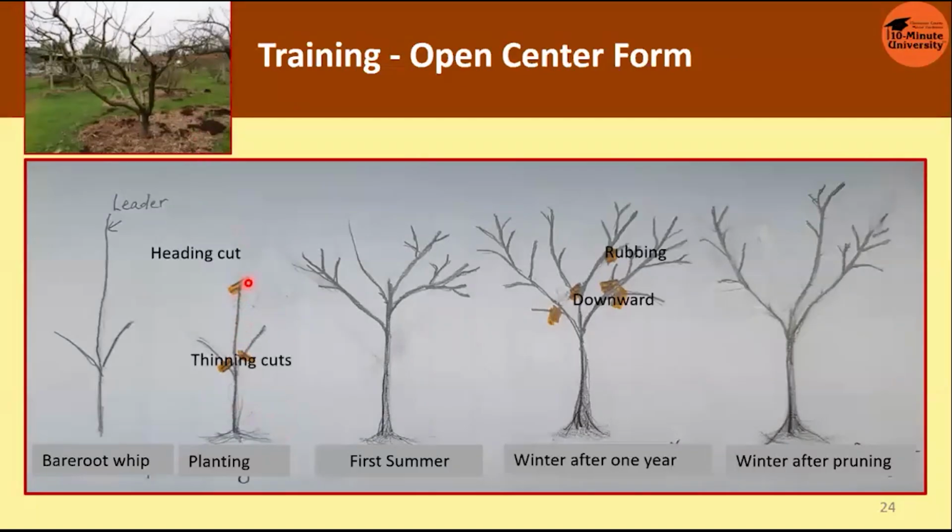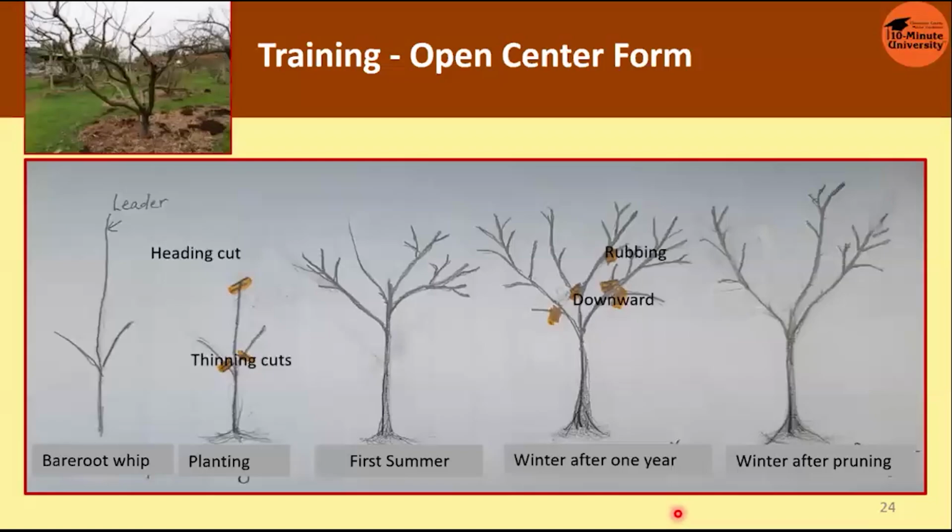Okay, so this heading cut at planting will stimulate growth of probably 3, 4, 5 shoots by the first summer. And by the first winter, we come back and take a look at the branches and make some minor adjustments. For example, taking out branches that are rubbing against each other, that are facing downward or toward the center, in order to have a better form.